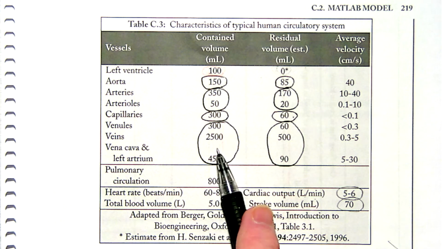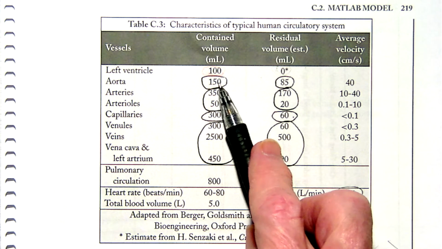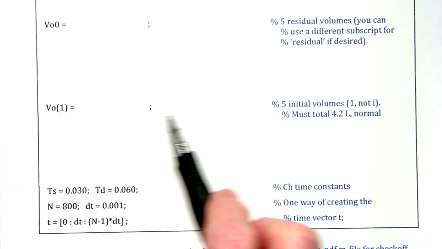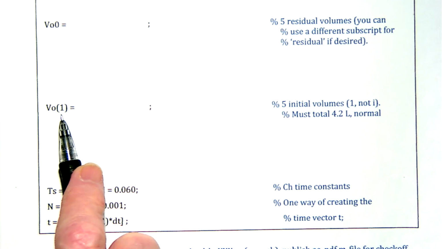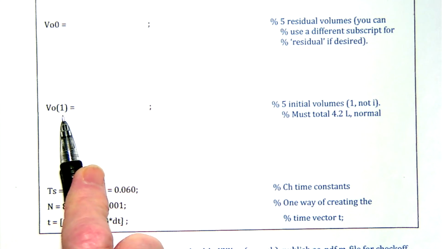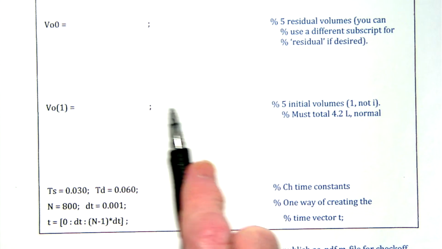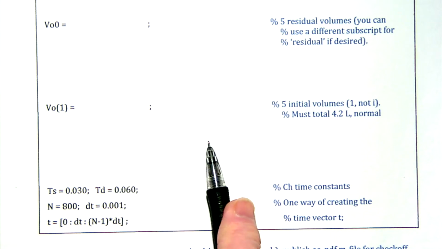Add up these values to get volumes for each of the compartments and enter those in as liters in this region right here. Notice that that subscript is not an I, it's a 1, because this represents the very first time step of the 800 time steps that we're going to start out the volume at. Once again, it'll get readjusted slightly during a cardiac cycle.